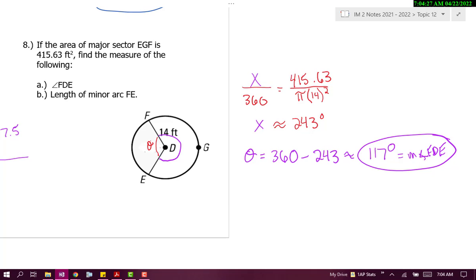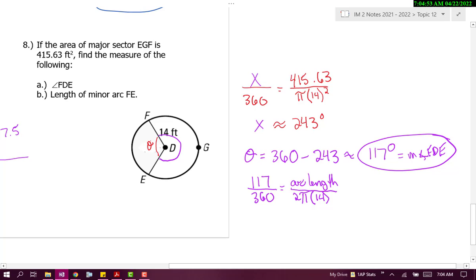And then the length of the minor arc. Well, we know the angle this time. It's always over 360. Arc length is what goes here, which we don't know. And the circumference is 2 pi r, and r is 14.